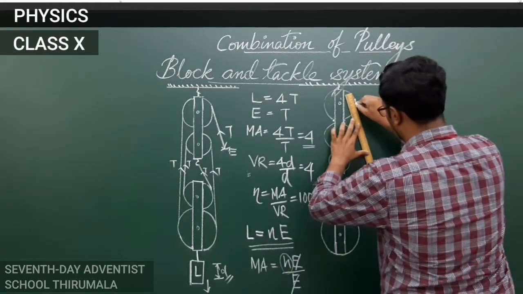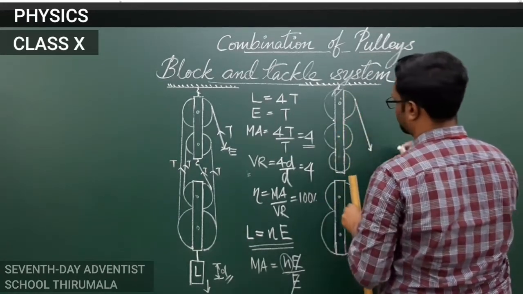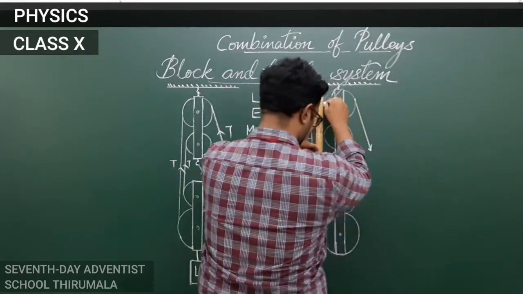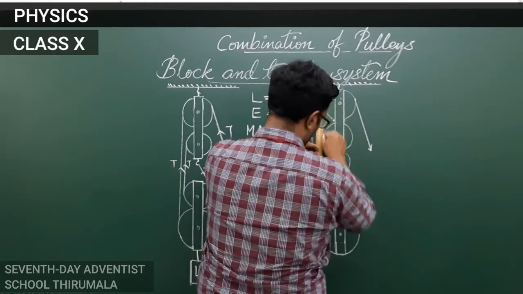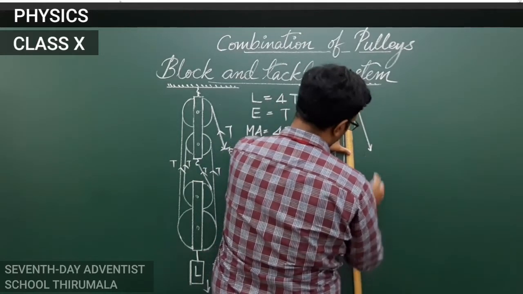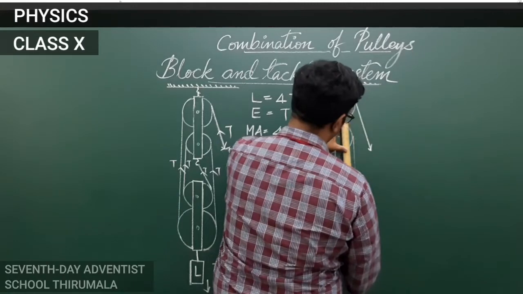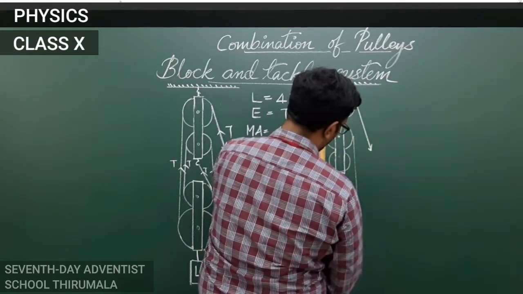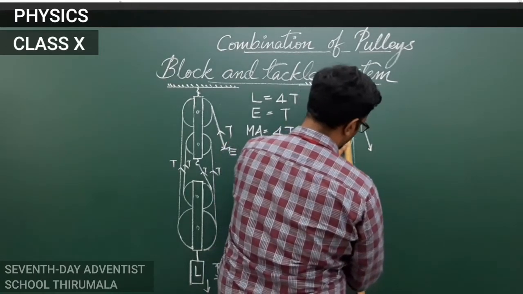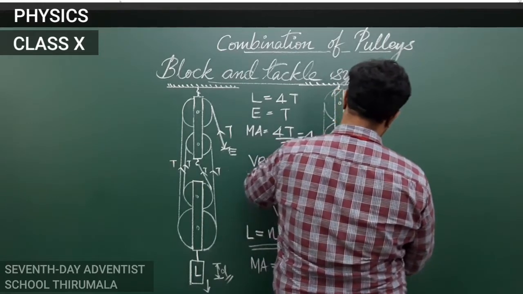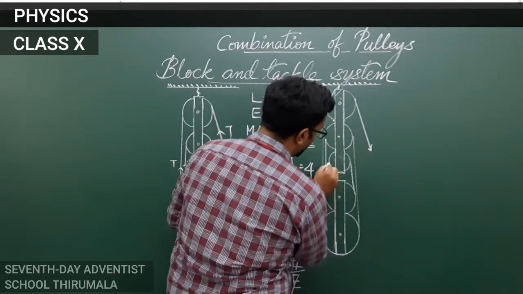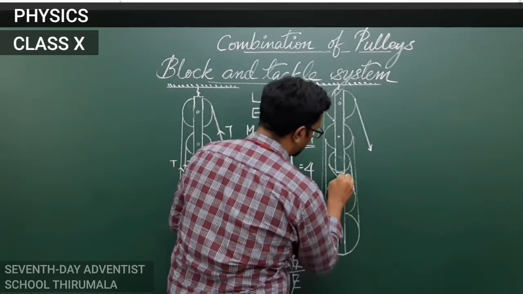Effort from the first pulley, and from here the string is going to the last pulley, and from this pulley the string is going to the second pulley here, and from this pulley it is going to the second pulley over here, and from the last pulley here it will be connected to this block.